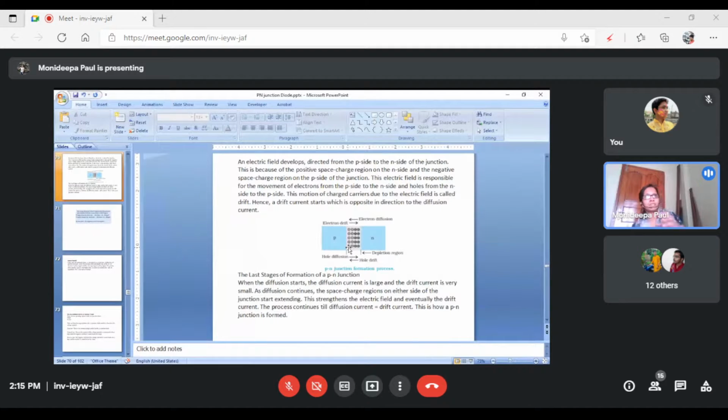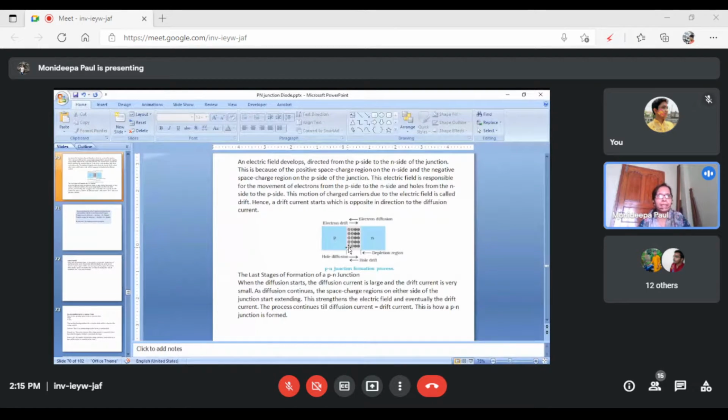This process is called diffusion, that means electrons in the n side and holes in the p side diffuse into each other. Due to the movement of these carriers, minority carriers and majority carriers, current flows inside the semiconducting material. This is called diffusion current. Okay, at the starting.